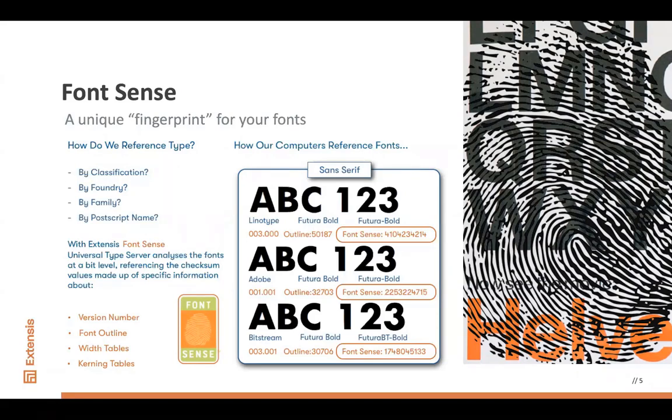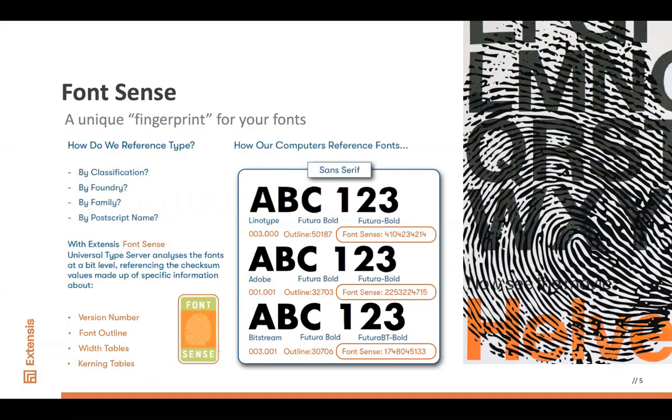Because whilst we can reference type by classification, the foundry, the family, the PostScript name, FontSense goes that one step further, looking at the actual font metrics to go in and look at the font outline, the width tables, the kerning tables.